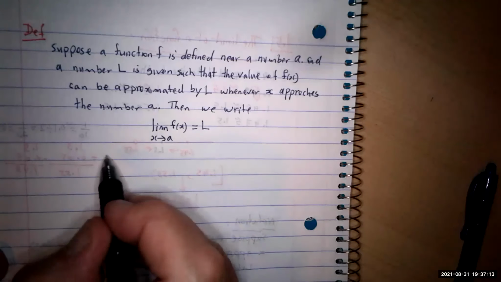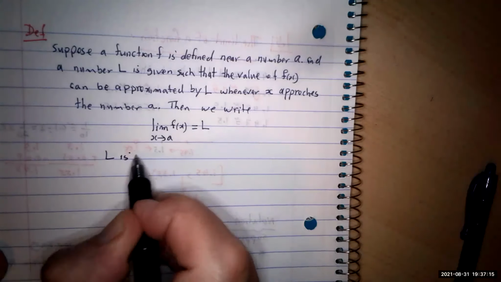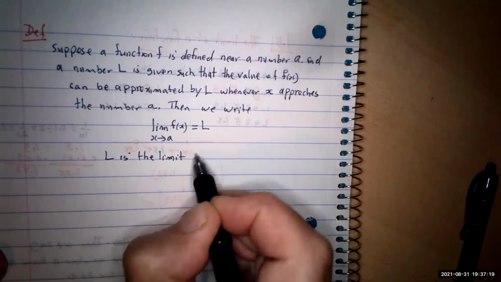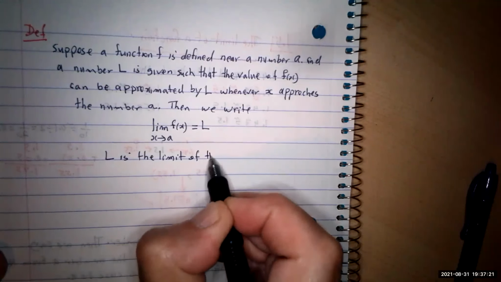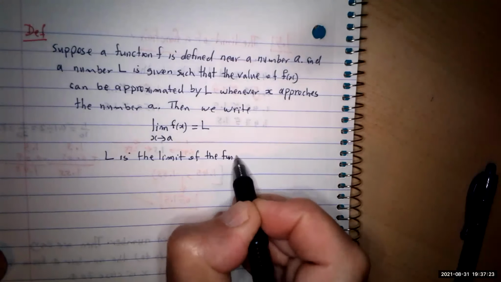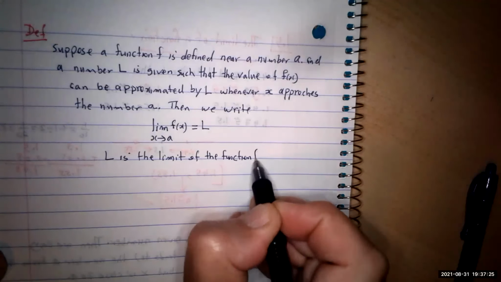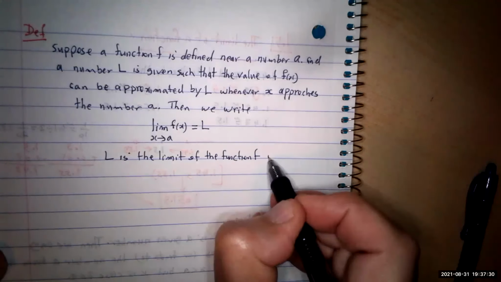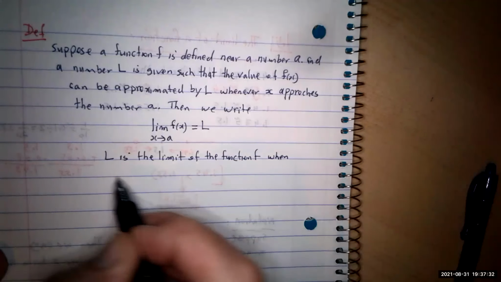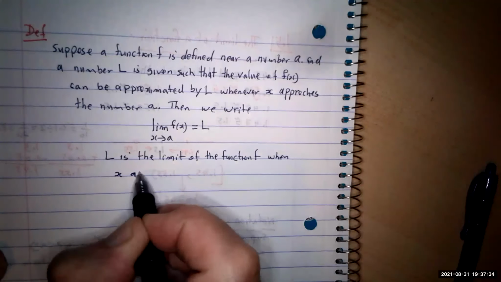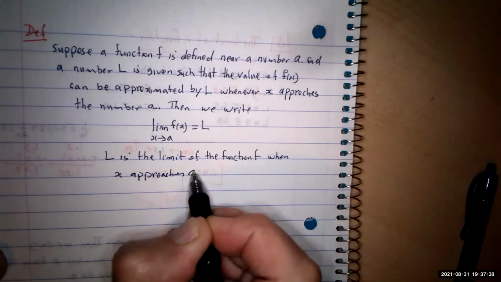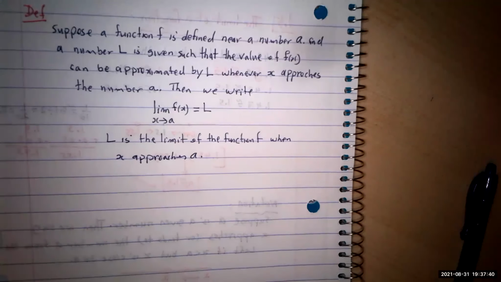And L is the limit of the function. Okay, the limit of the function f at A, we call it, when x approaches A. So that's a very informal one.